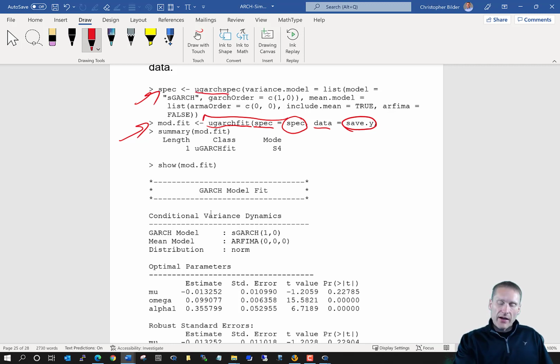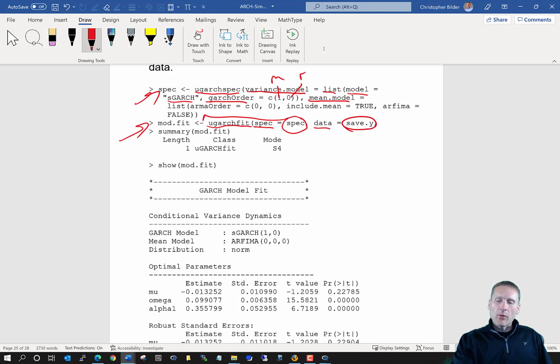To specify our particular kind of model, I would say garchSpec. I say, well, what is the model for my variance? And inside the list, I need to say model equal sGarch. That's just their way of saying it's like our kind of model, like a standard Garch model. Garch order, here is M, here is R, the same order of the M and R as we saw previously with fGarch.